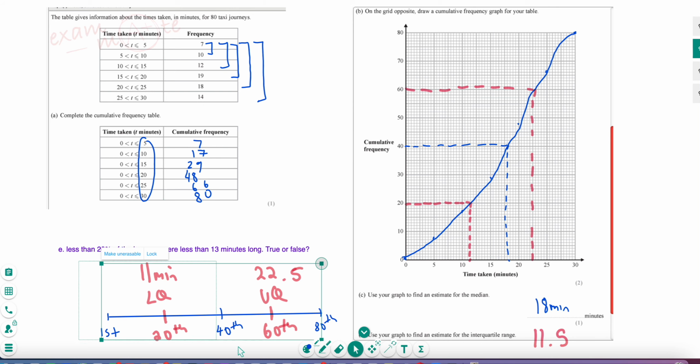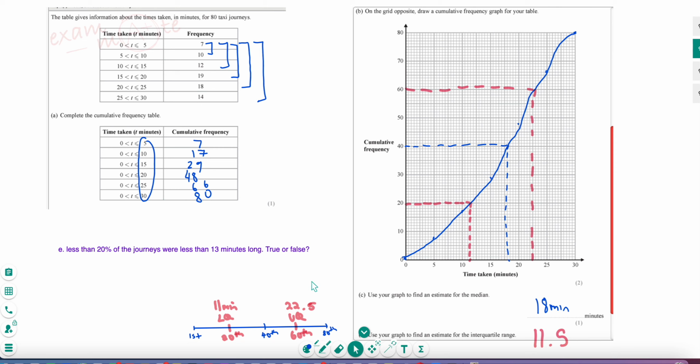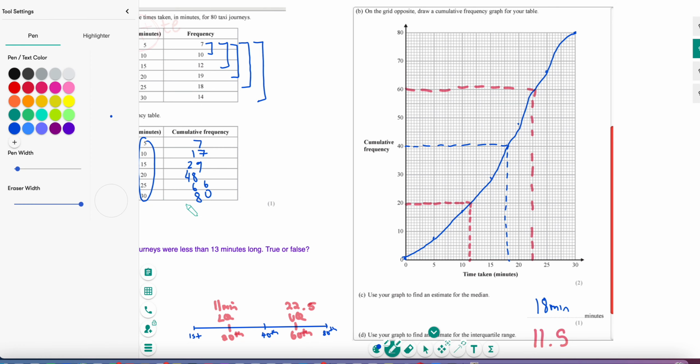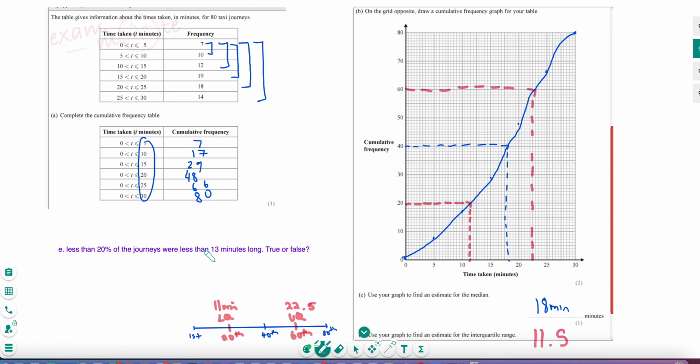And then, let me change my pen color real quick. Less than 20% of the journeys were less than 13 minutes long. True or false? Step 1, let's find 13 minutes. So this is 12.5, so 13 is here.